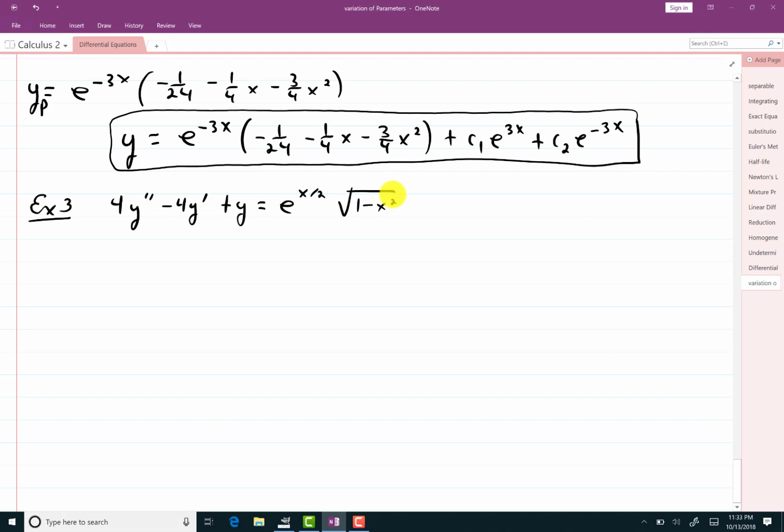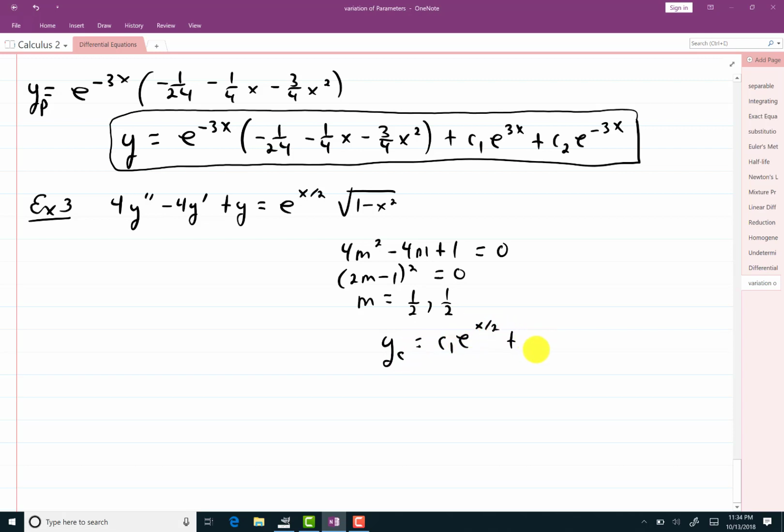So once again, let's go to the auxiliary equation. This factors quite easily. 2m minus 1 squared equals 0. And we see that m equals 1/2, but it's repeated. So our complementary function is c1 e to the x over 2 plus c2 x e to the x over 2.